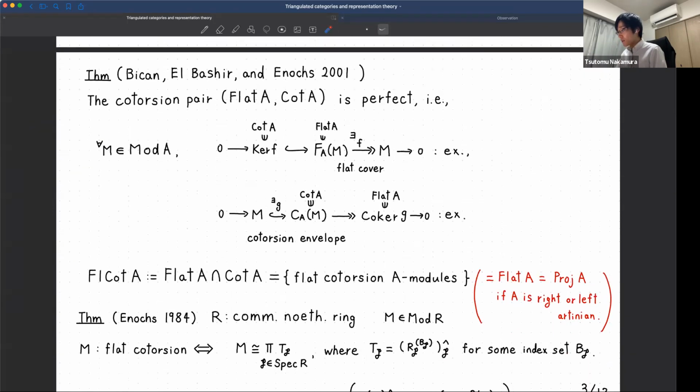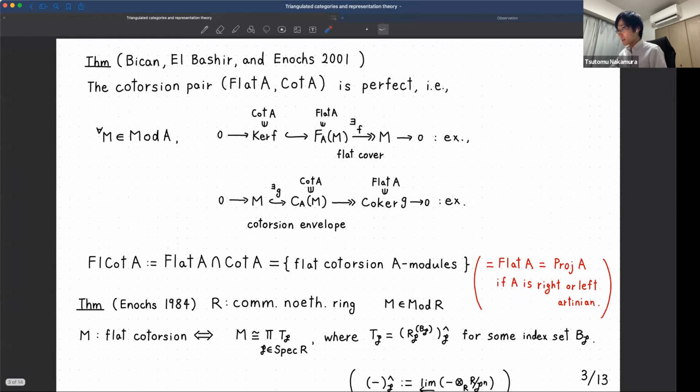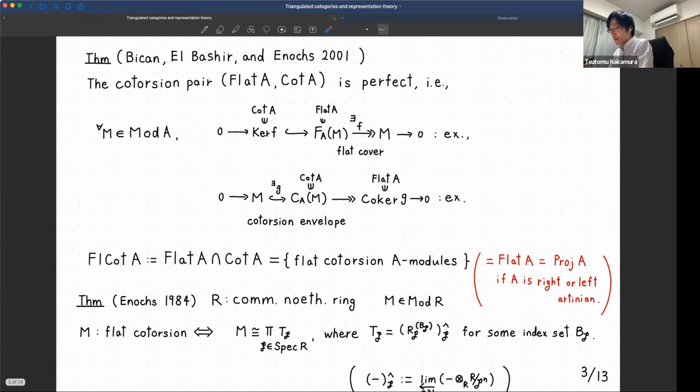A famous result due to Bican, El Bashir, and Enochs essentially says that the cotorsion pair is perfect. Namely, given a right A-module M, there exists a flat cover. This is a morphism F to M from a flat module, and if there is another map from a flat module, then this map factors through F. So this is the commutative diagram.